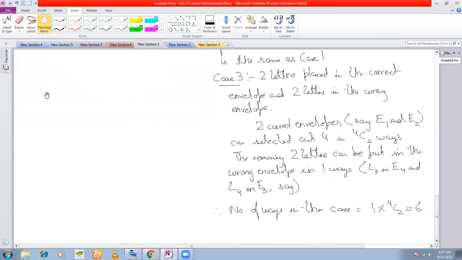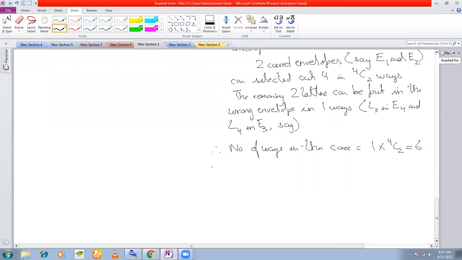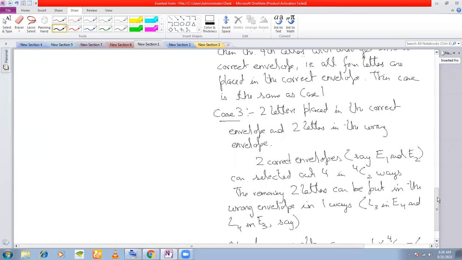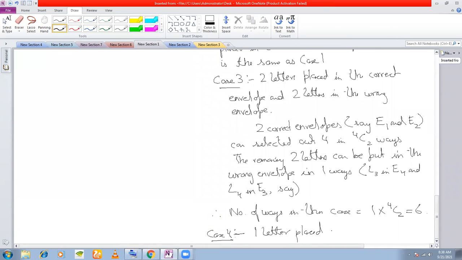And finally, we have the last case. Case 4. What is case 4? One letter placed correctly in the correct envelope and three letters in the wrong envelope.